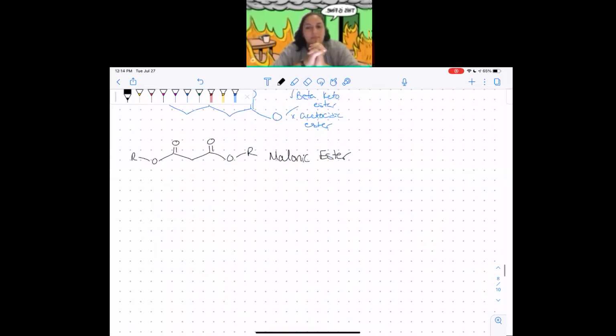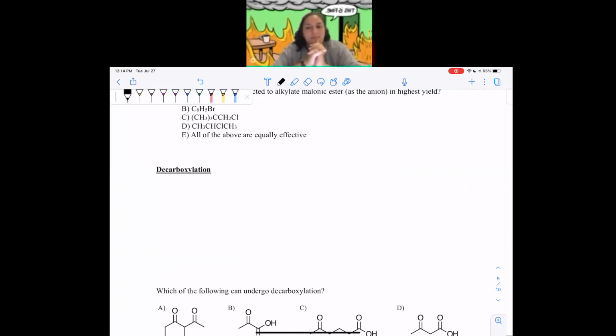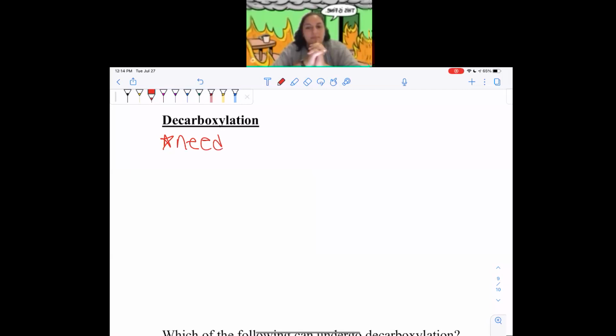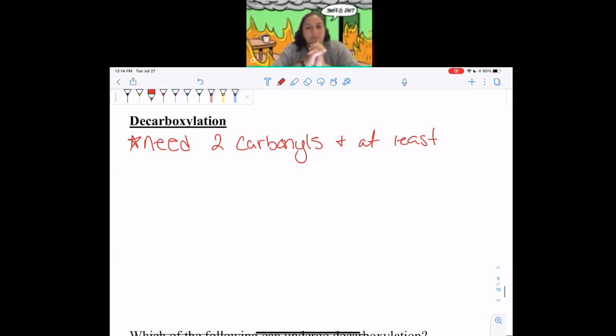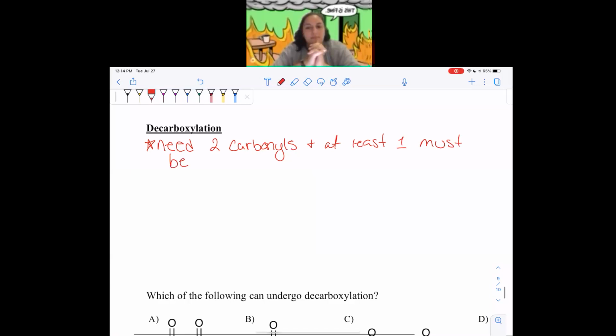If not, we're going to take a moment and go to the next page of the handout, and we're going to talk about decarboxylation for a second. Something that's really important to note is, in order to do a decarboxylation, you need two carbonyls, and at least one must be a carboxylic acid.